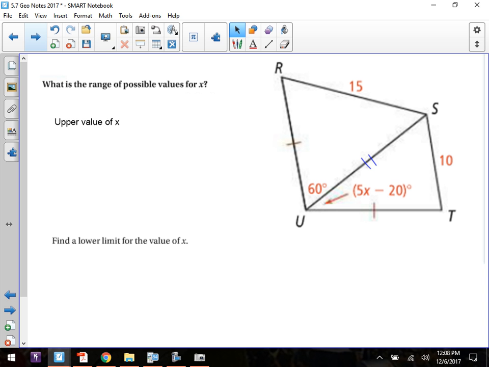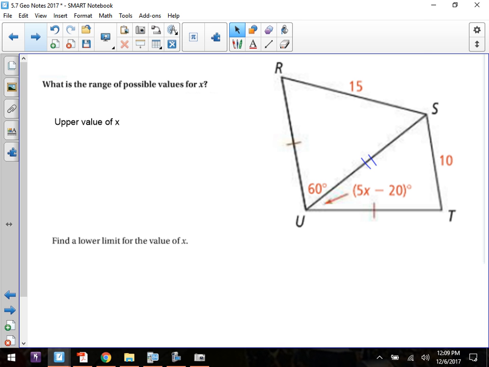Therefore, the larger the angle in between them, the longer the side length. You okay with that? Of those two, which side length is going to be larger? RS has to be larger, because that means the 60 is larger than the other angle. Can that angle at SUT be larger than 60? No. It has to be smaller than 60.